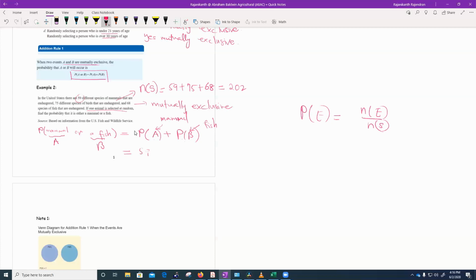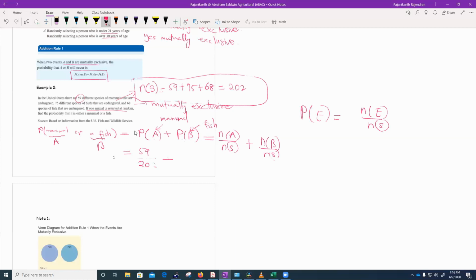That is my n of A. So let me write down one more step here. P of A is n of A over n of S, plus P of B is n of B over n of S. So n of A is 59 over n of S, and we already have n of S as 202.